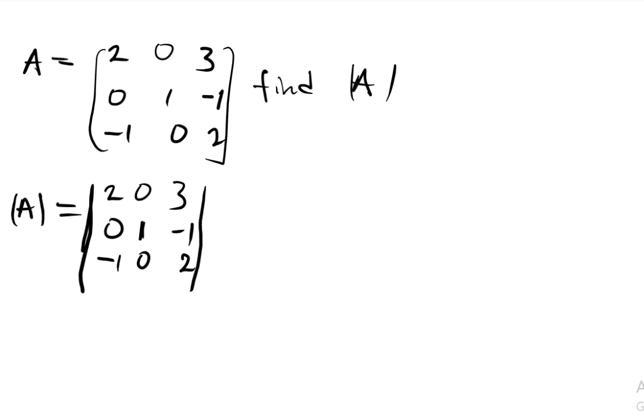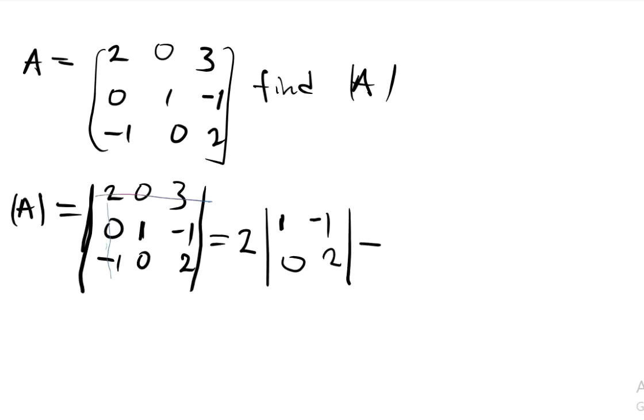The first part, we have to cancel this row and column, so the coefficient will be 2. This is equal to 2, and what is left is 1, minus 1, 0, and 2, minus.